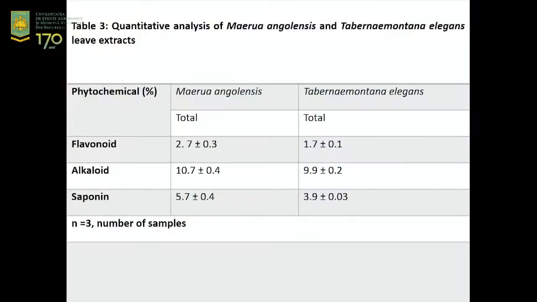And then we did the quantitative analysis, and we see Mario angolensis having more total flavonoids, total alkaloids, as well as total saponins compared to the other plant extract, Tabana montana elegans.